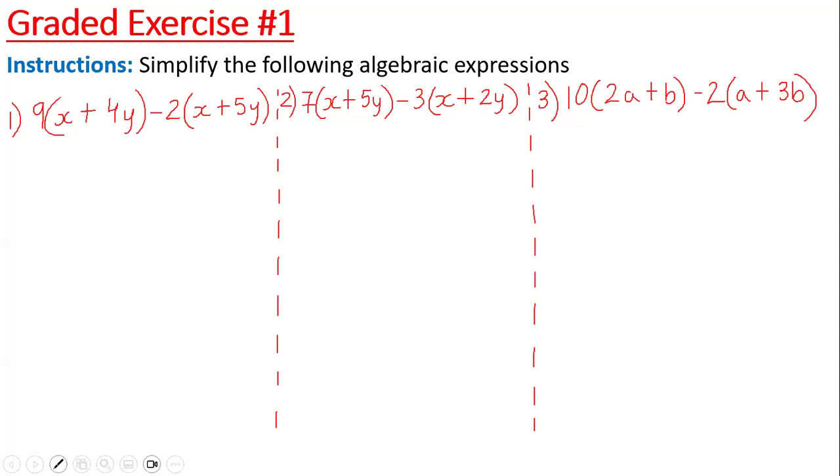Okay, let's answer it together. So we're gonna use blue. We have 9 times x, which gives us what? 9x. Then we have, where is Evan? Evan, can you hear me? Evan Green.